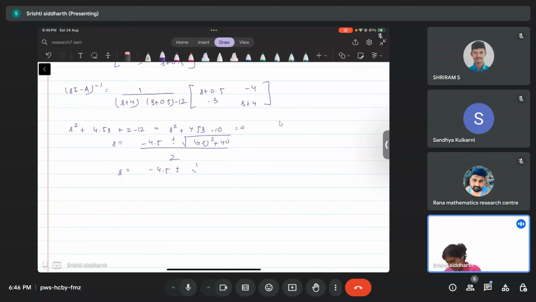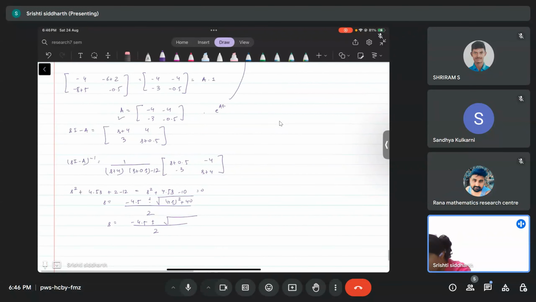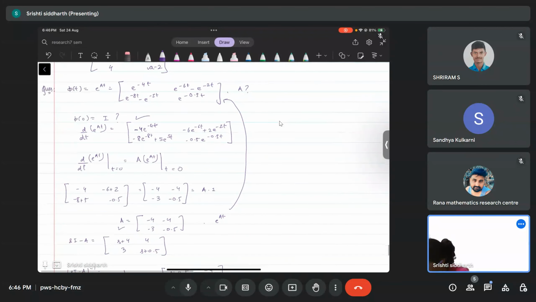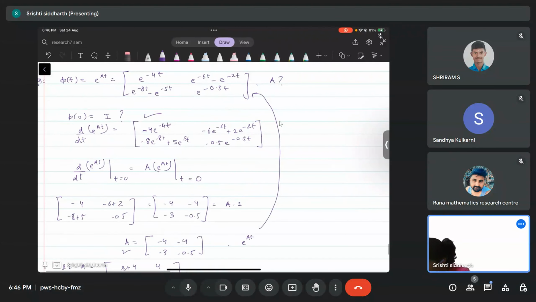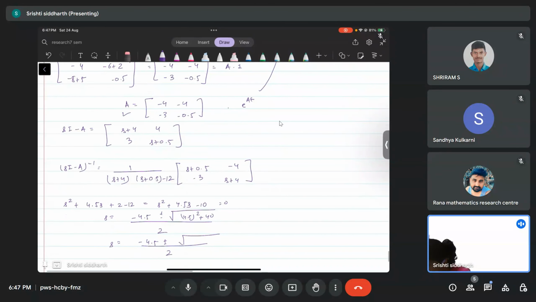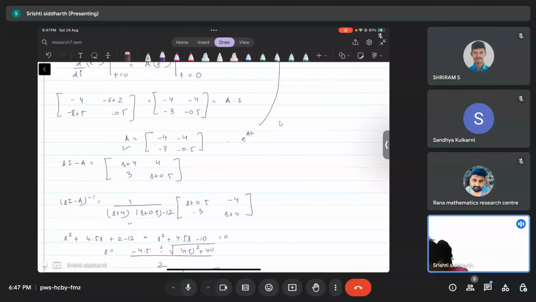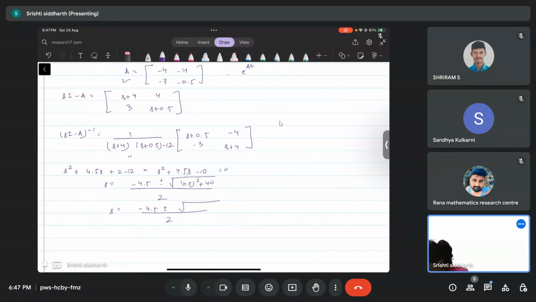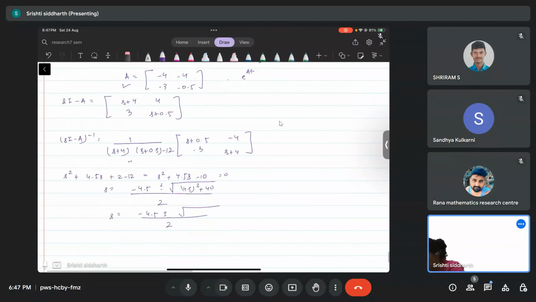Okay, so I think we'll need a calculator for this. The purpose of this is to check if the A that we have computed is indeed the correct one. So we will have to factorize this. Okay, so let's just leave it as an exercise. If you have any doubts, you can post this on the announcements portal.